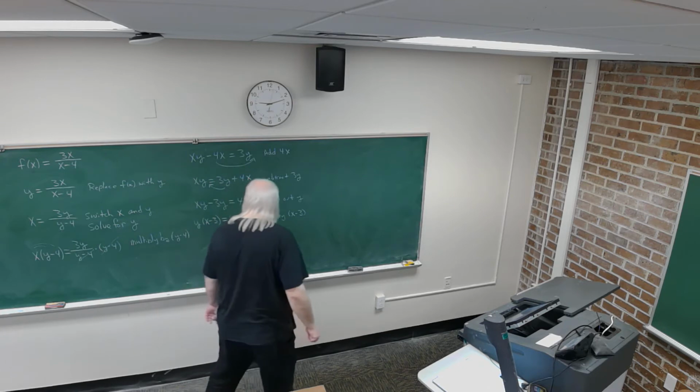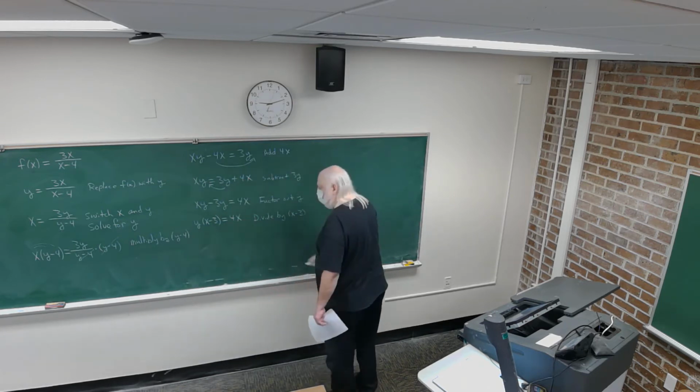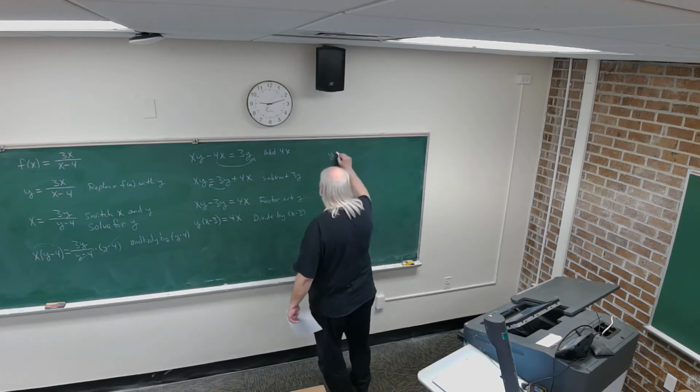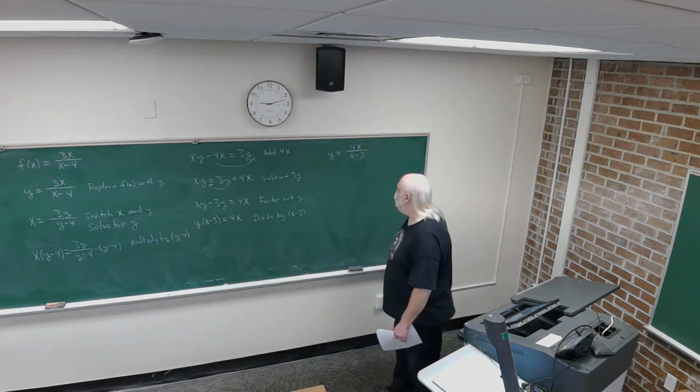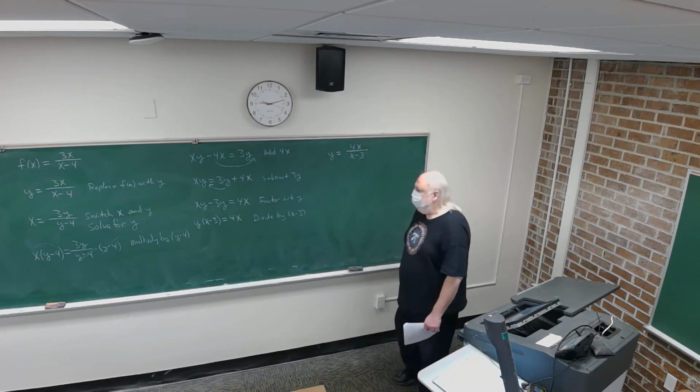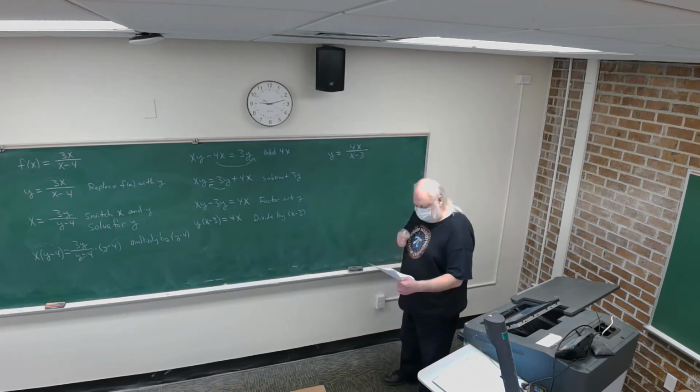And when we do that, we end up with y on the left-hand side is equal to 4x over x minus 3. So that's the completion of step 3, solving for y.